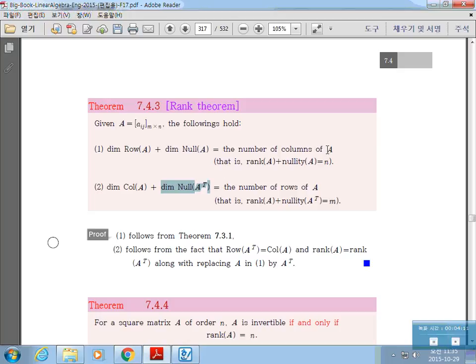That can be written as the dimension of the column space of A plus the dimension of the null space of A transpose is equal to the number of rows of A, which is the same as the number of columns of A transpose. So rank of A plus nullity of A transpose is equal to m, because A transpose has size n by m, so the number of columns in A transpose is m.